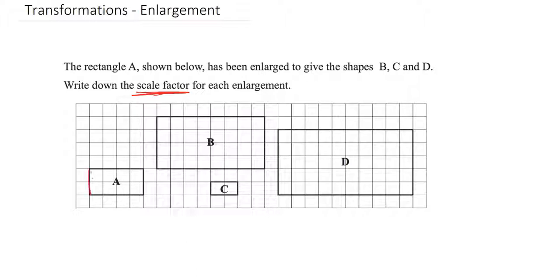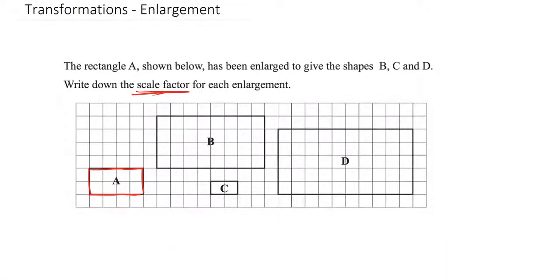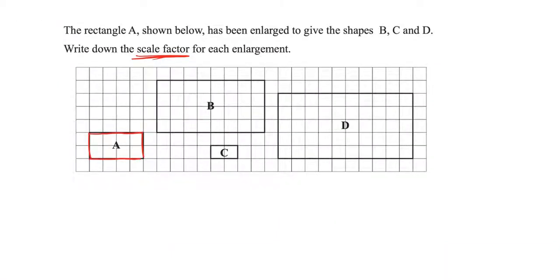If we have our original shape, which I'm putting in red there, that's shape A, we can think about how it changes its size into B, C, and D, and describe that with a scale factor. If we imagine taking that shape and making B with it, what number has each side been multiplied by to get B?